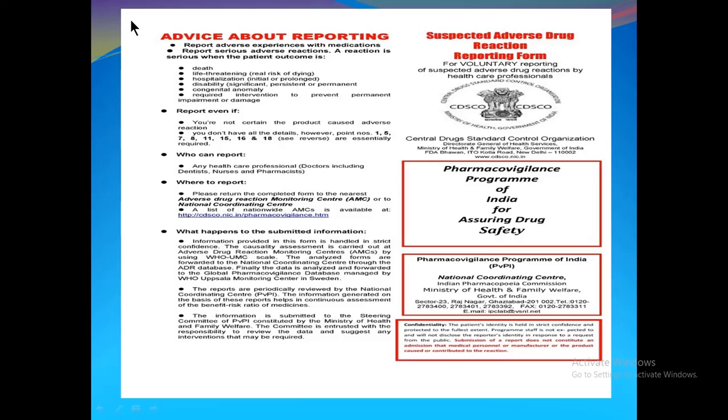Second point mentions that you should report serious adverse reactions, and an ADR is called serious when the patient outcome is one or more of the following: death, life-threatening, hospitalization of the patient, disability which may be significant, persistent or permanent, congenital anomaly, or required medical intervention to prevent permanent damage.